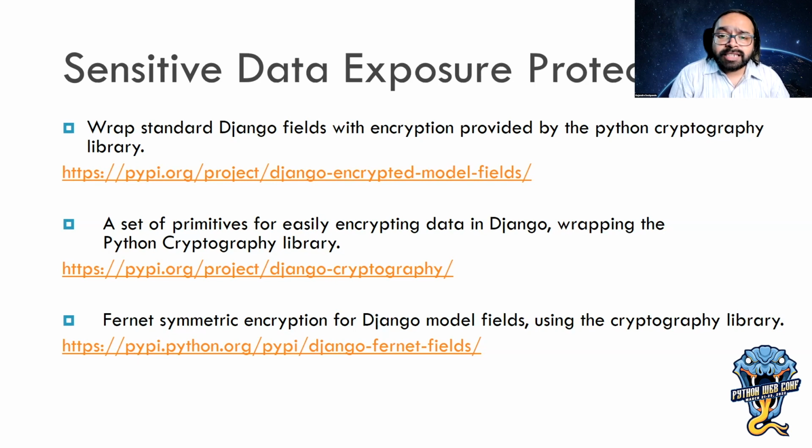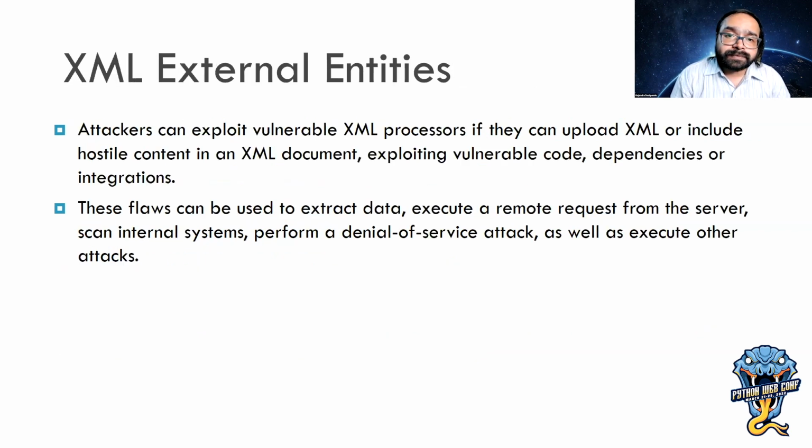Similarly, there is one more, the Django cryptography library, which is a set of primitives for easy encryption of data in Django. Then there is symmetric encryption, if you are interested, known as Django Fernet fields, again using the cryptography library.